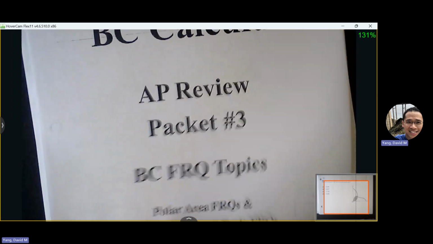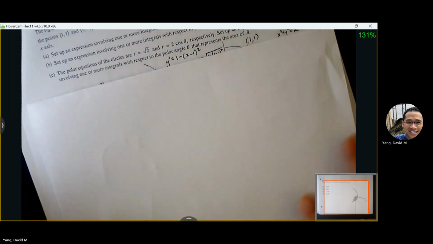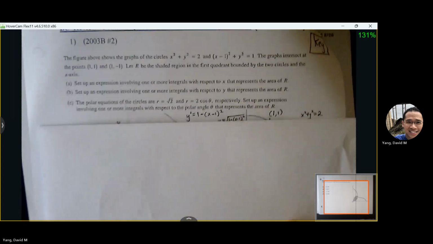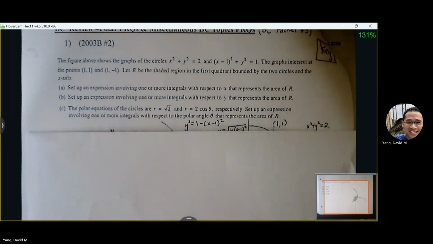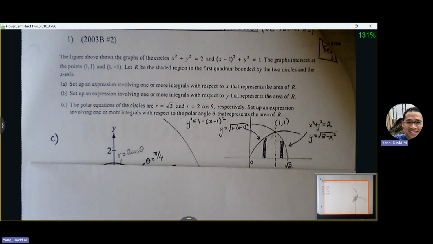Right, let's look at number one. Parts A, B, and C will just be your normal area methods, either top minus bottom or right minus left, that you learned with AB at the end of last semester.